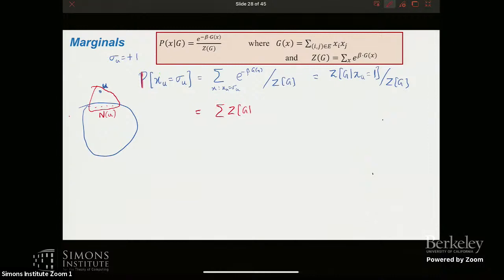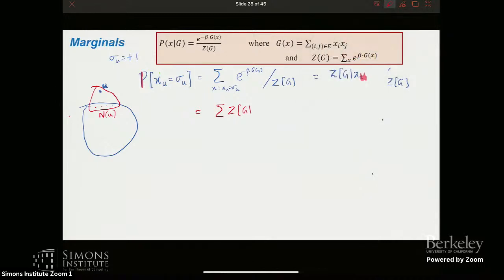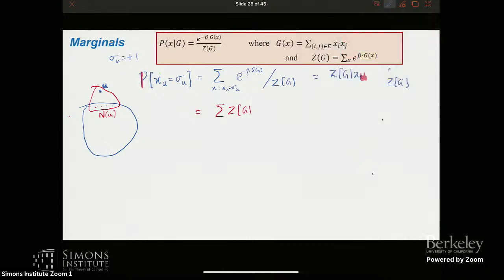Thanks. We'll say xu equal to sigma u, and x on the rest of the neighborhood of u is also equal to some condition of the neighborhood, divided by z of g.